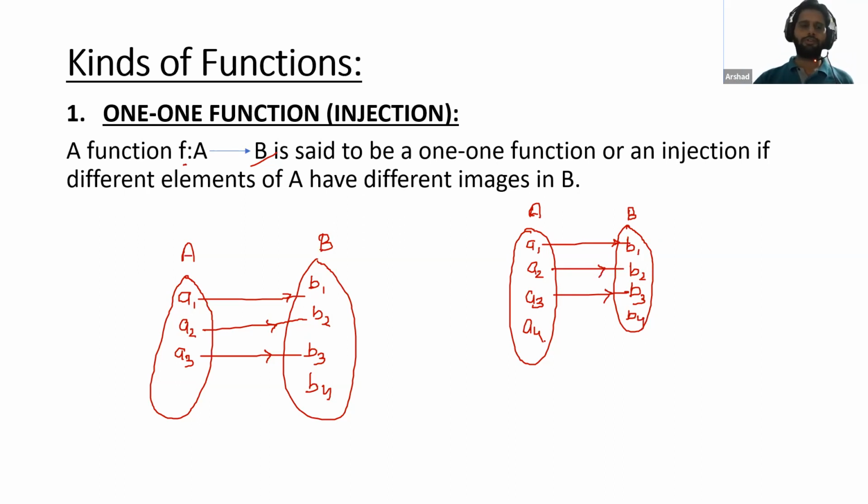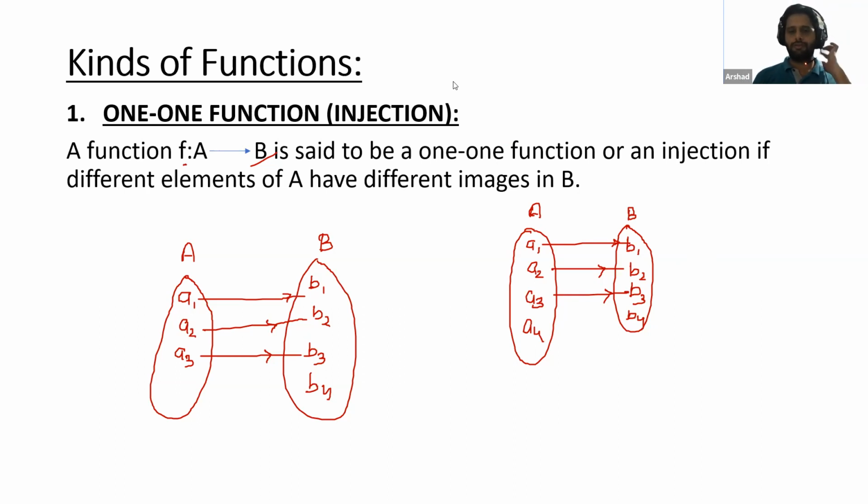Mazia, please reply me on the chat box, yes or no. Mazia, yes or no? Okay, Noma, this is a 1-1 function or not?